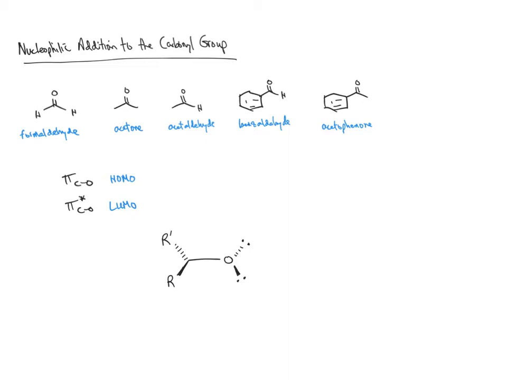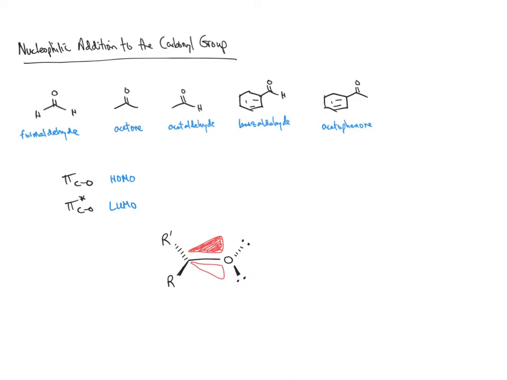As I mentioned, we have a pi CO that's polarized more towards oxygen because oxygen is more electronegative. There is a nodal plane that lies in the plane of the carbonyl. The phasing above and below this plane have opposite signs, and that's a result of these orbitals originating from the two atomic p orbitals from carbon and oxygen, respectively.